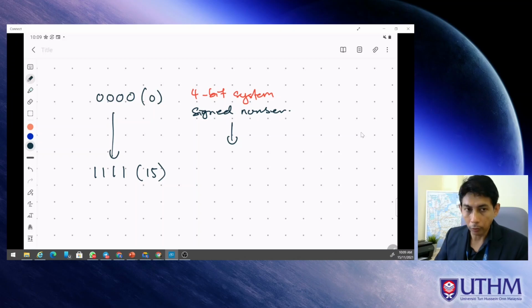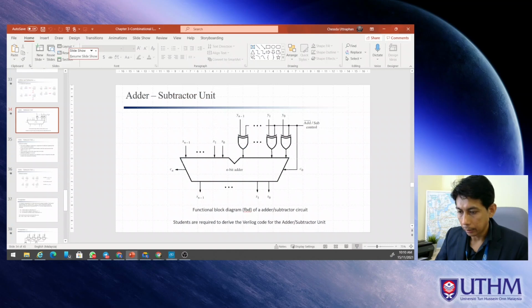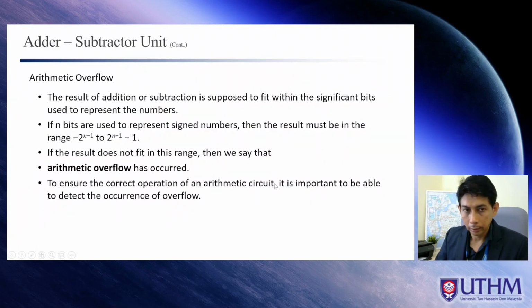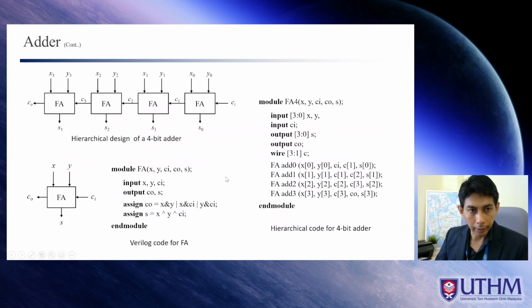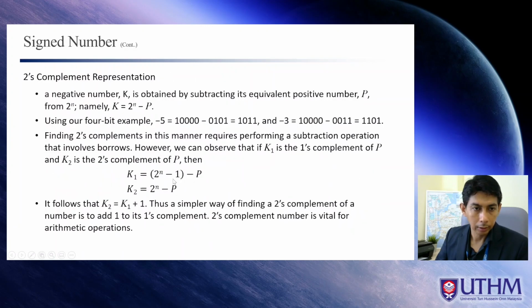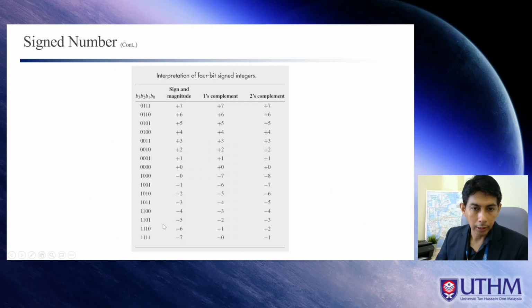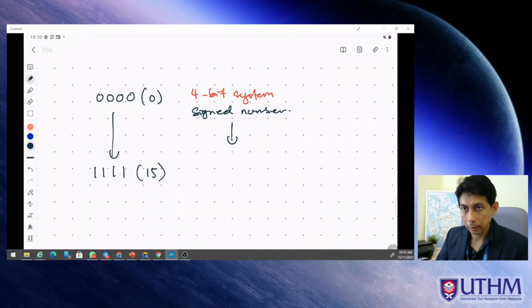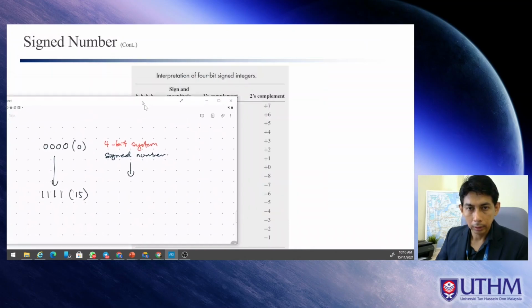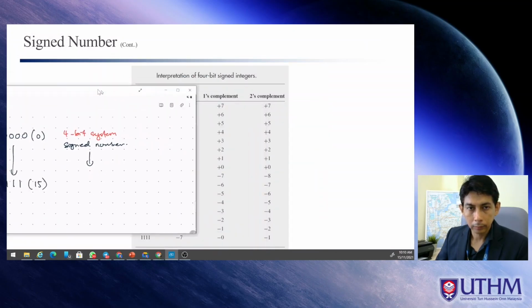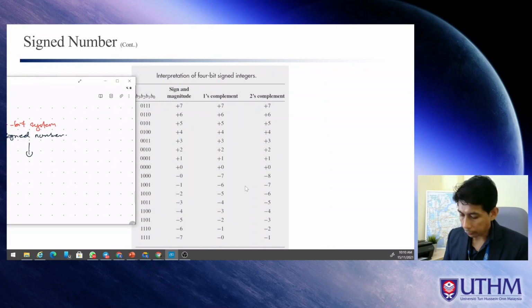Okay, so for a 4-bit system in signed representation, we can see the numbers that we can represent. The maximum one is positive 7, which is 0111.